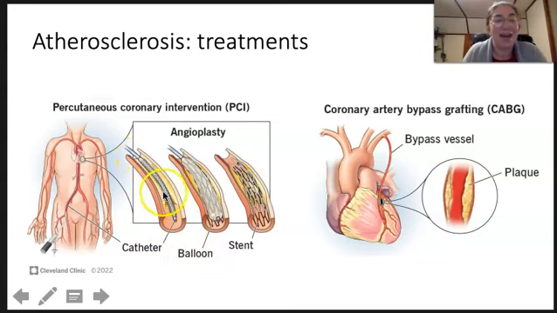But at the end of the catheter, there is a deflated balloon with a stent on it, and then the balloon, when it's in place where there's a blockage, is distended, and the stent is just like a cage that opens up and pushes back against that fatty plaque to open up the artery and allow blood to flow through it.